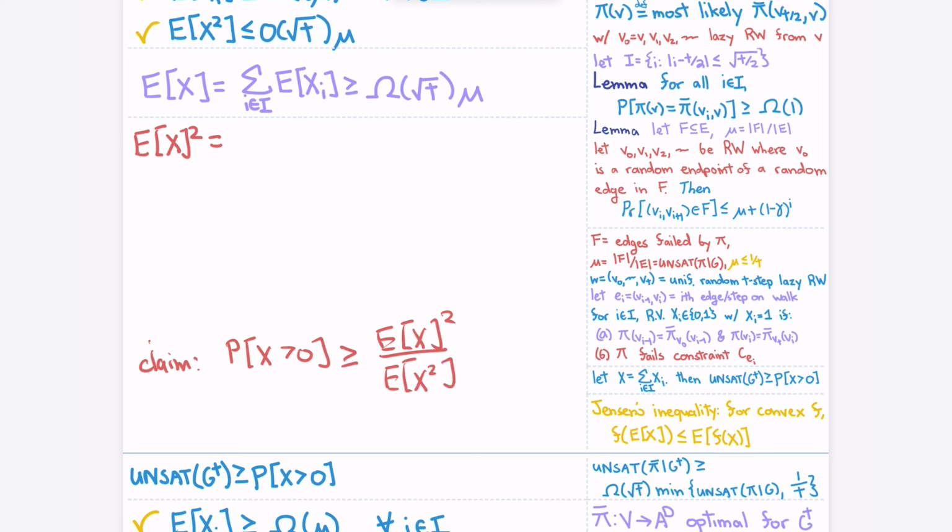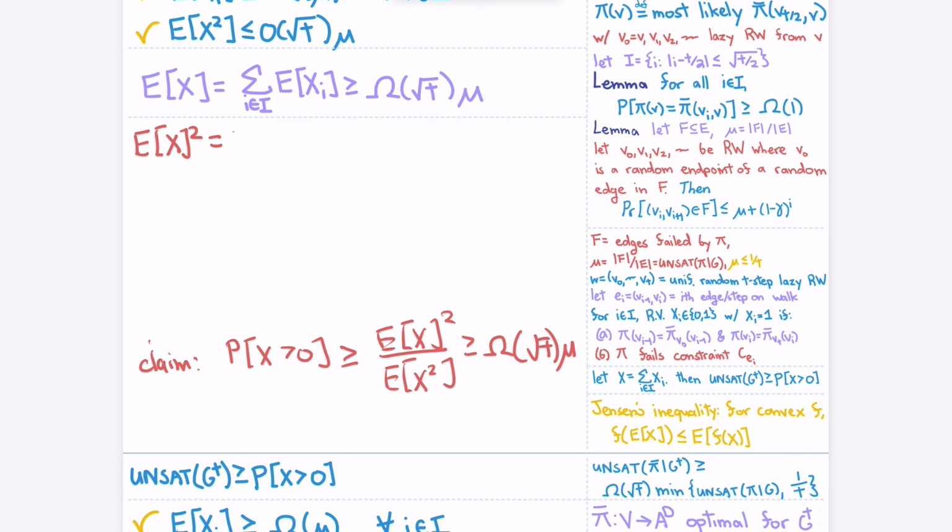It sounds like I said the same thing twice, but one has a square inside, the other has a square outside. If that were the case and I just plugged in what we have above, then we should get square root t or something. I think that's correct. To do that, we need to show that the expected value of X squared is less than or equal to the probability that X is greater than 0 times the expected value of X squared. So that's what we'll do, and then we'll be done with this important lemma.